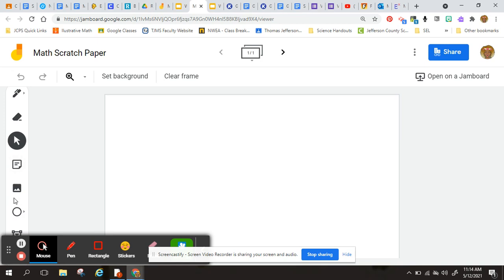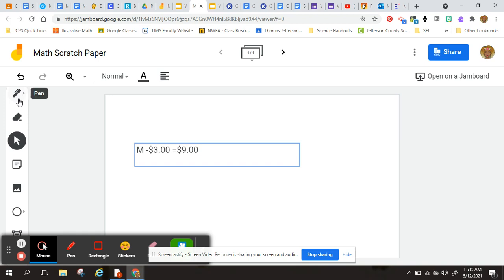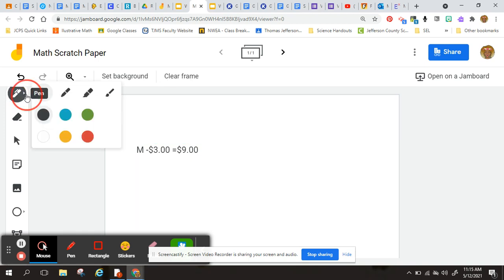So I'm on my Jamboard. Okay, so there's my equation from earlier. And we're going to get to work on that. So I'm going to use my pen tool up here and demonstrate how we get M all by itself.